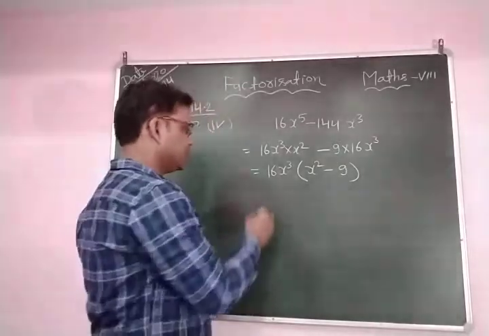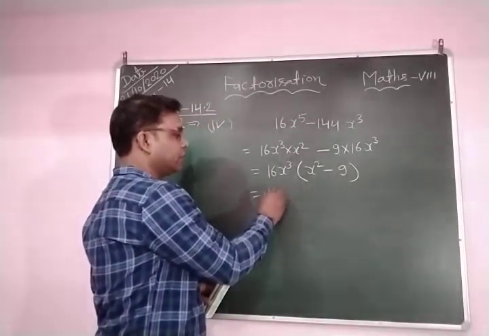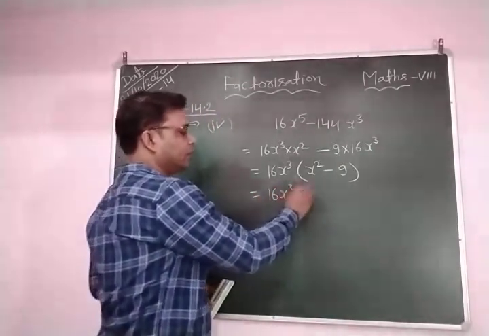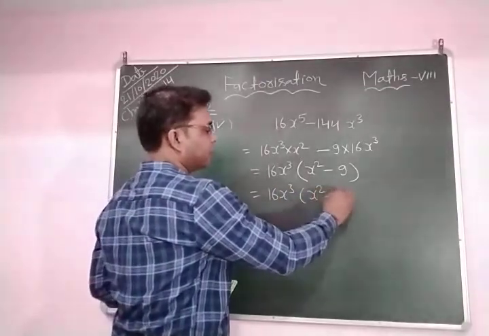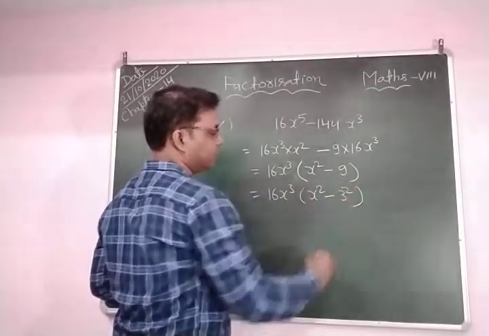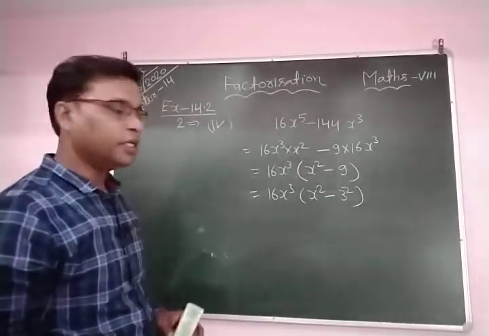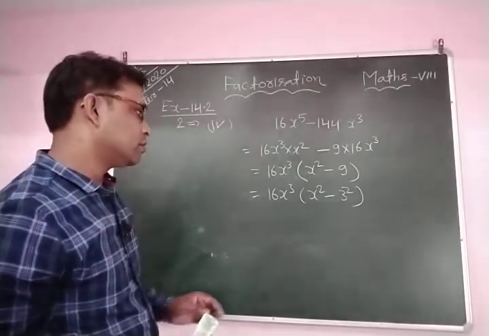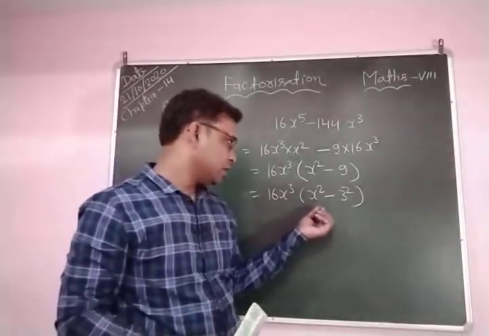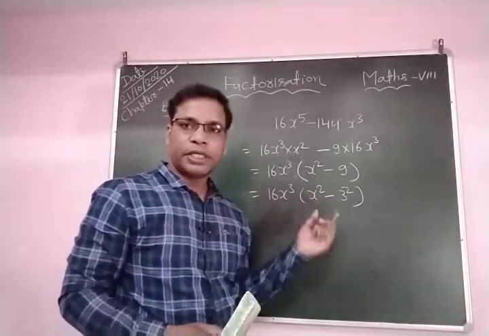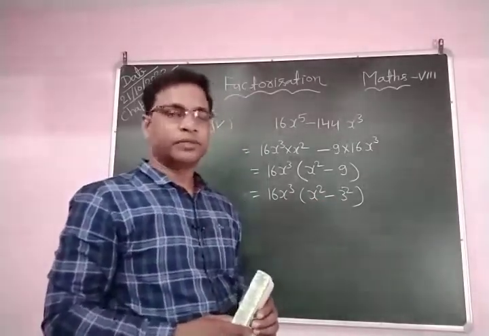So in this case you can see 16x³ into (x² − 3²). This is clear. Now here you can see this is a difference of two squares.